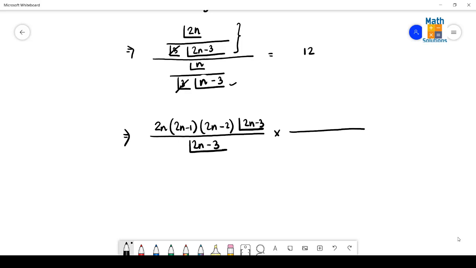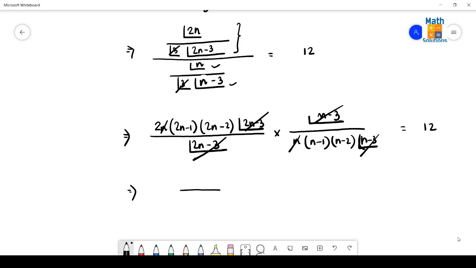I shall be having here factorial n minus 3, while this n factorial can be broken to the form n into n minus 1 into n minus 2 into factorial n minus 3, that is equal to 12. Now this is the way cancellation can be done. Then n got cancelled. Let us check what is left now.